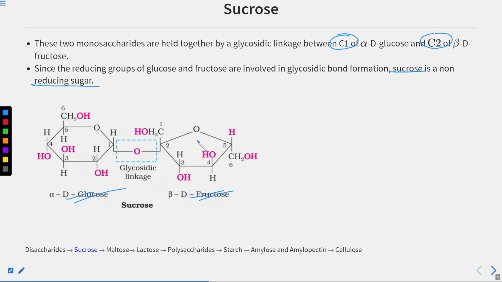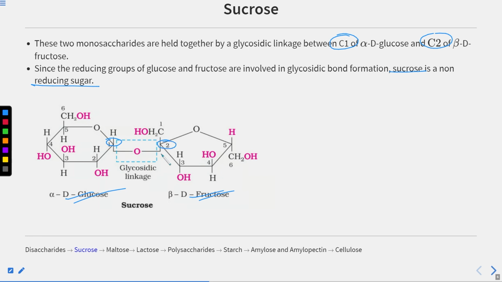For that we have to go back to the Fischer projection, the open chain structure, and the cyclic structure also, both of which will show you clearly which is the first and which is the second. Got it? So we are linking the C1 of the glucose with C2 of the fructose.